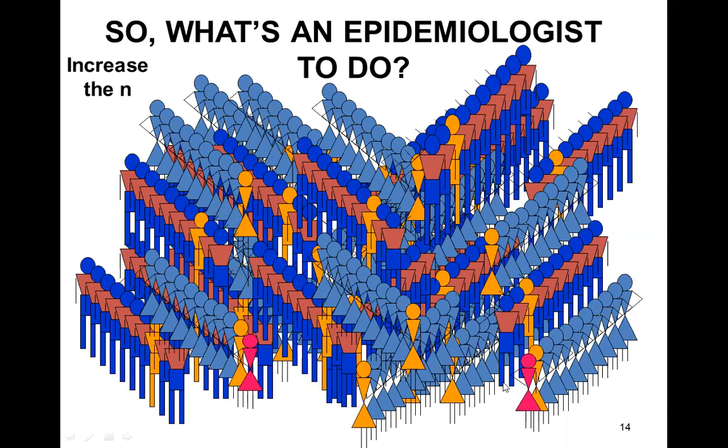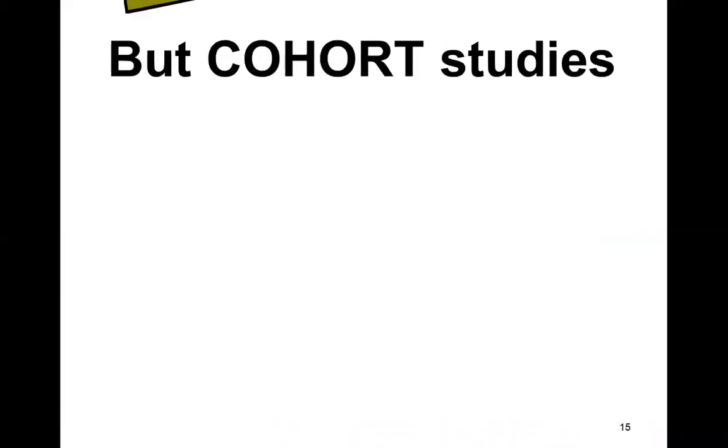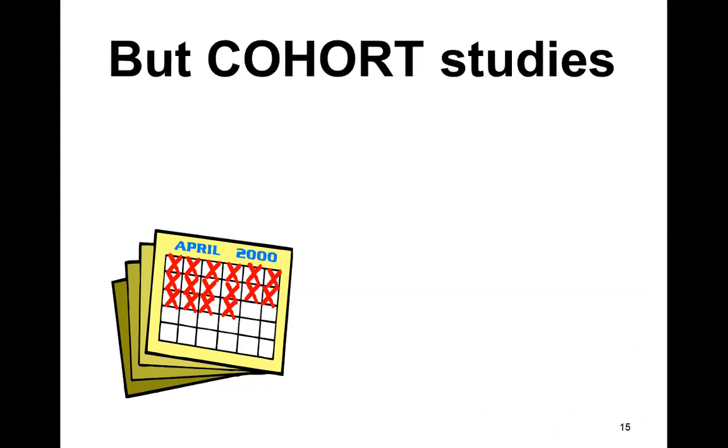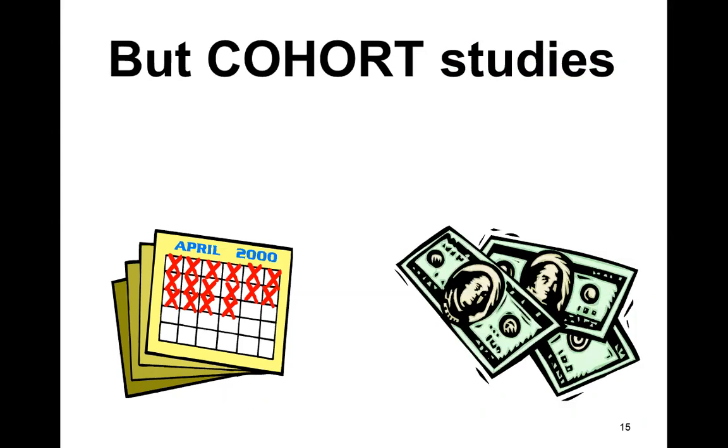And to detect 2 cases, I would have to sample a population this big, and that's really not going to happen. Cohort studies cost time and money, right? So the ability to detect an increase of one patient in your sample is just going to cost a lot of money. So what do we do?